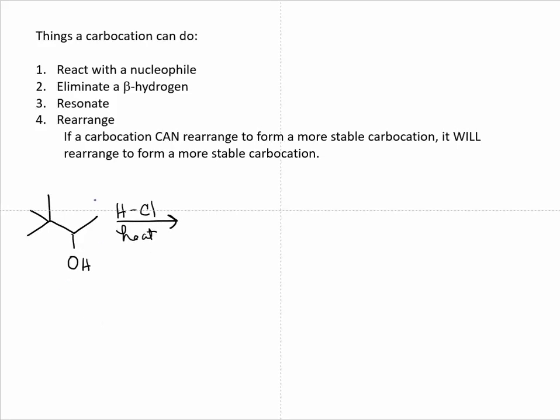When an alcohol sees an acid, it gets protonated. That turns the hydroxide into good leaving group water. It's on a secondary carbon atom, so the leaving group will leave.